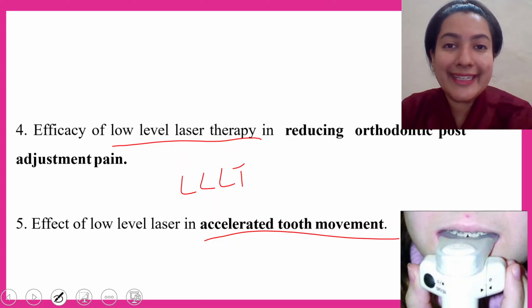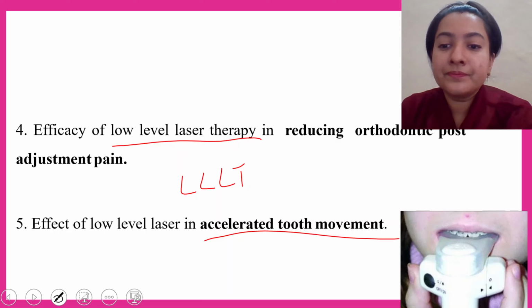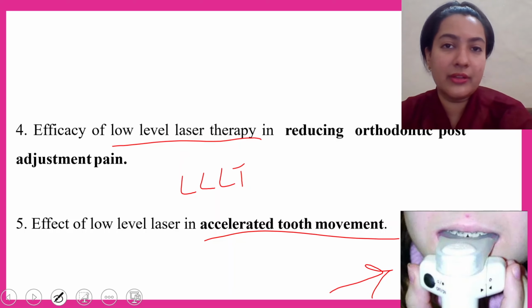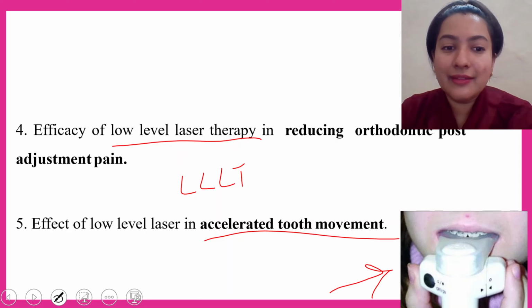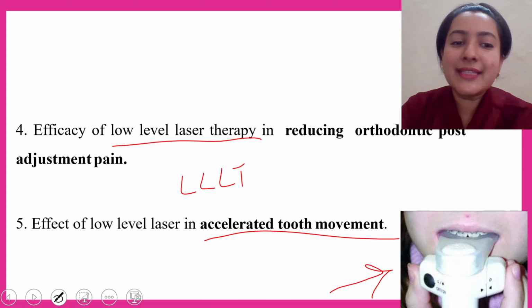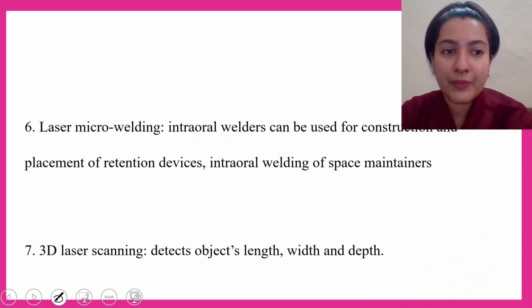So one such study claimed that low level laser can be used to accelerate tooth movement. Okay, so there is a device which the patient can wear, and then there would be tooth movement, but this is purely based on vibrations. But yes, even laser has been told to accelerate tooth movement.